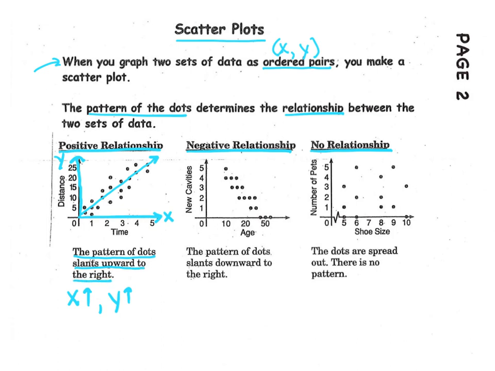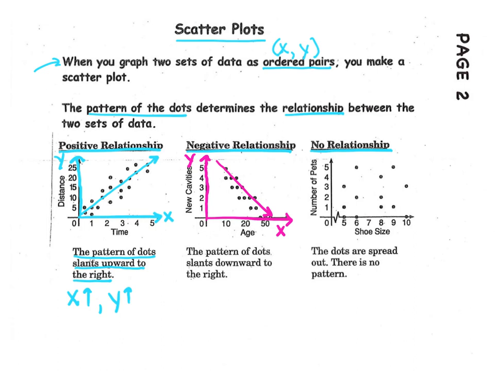Let's take a look at a negative relationship. Clearly, there's a pattern here. There's a trend, a downward trend or slope. As age increases, that's our X value, the number of cavities found, Y, decreases.